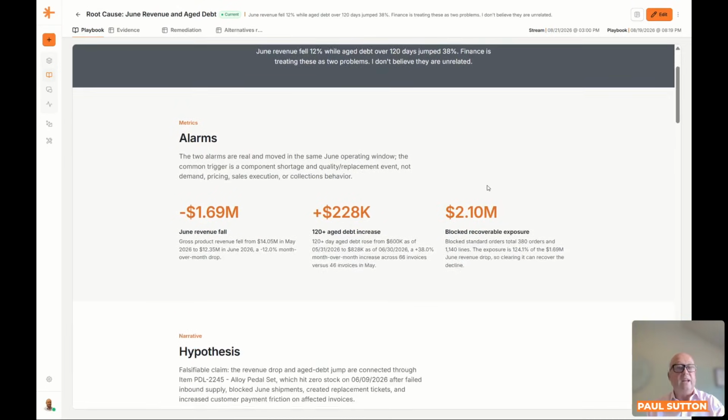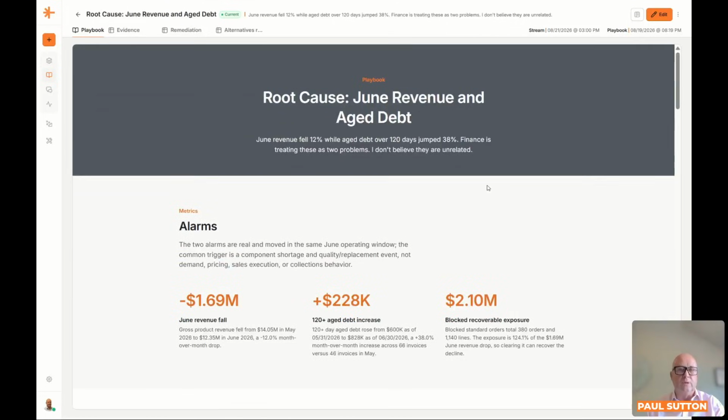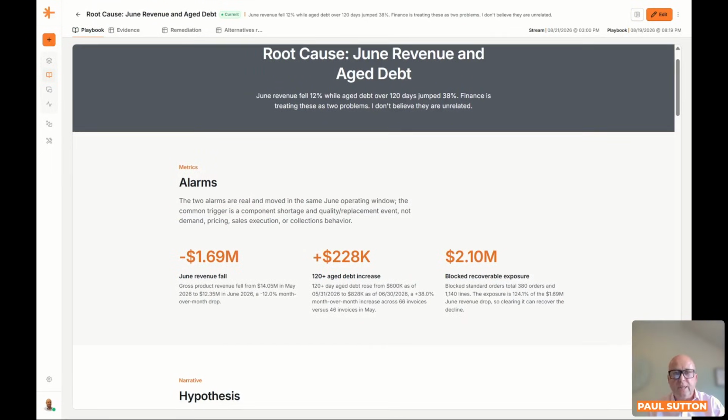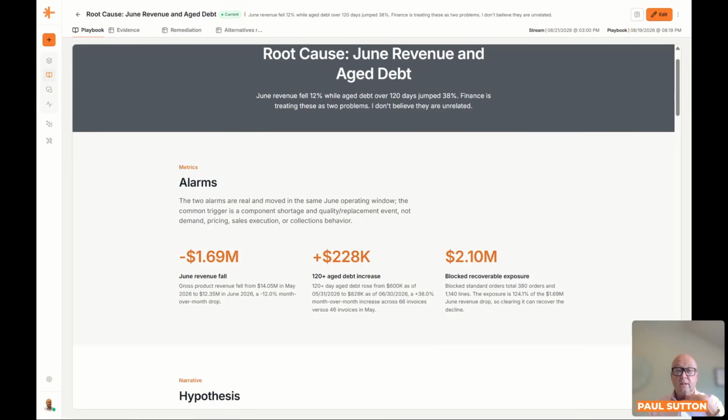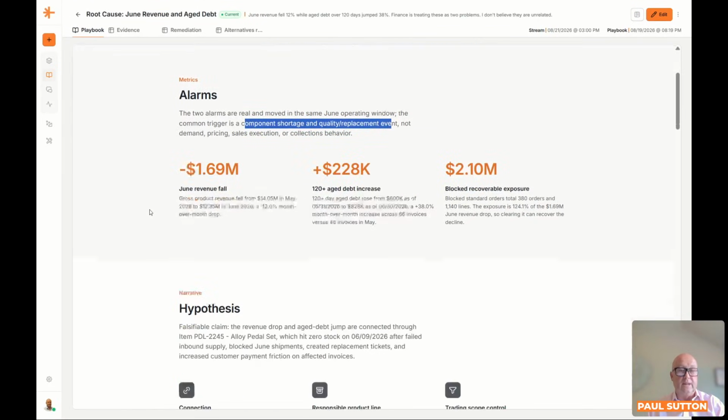This is a new content type in our mind. It's almost like an executive report that people would provide after doing the analysis. This gets generated automatically within the system. It starts here at the top and says the two alarms are real, but the common trigger is a component shortage and a quality replacement event, and not a weakness in sales or whatever else like that. So yes, June sales did fall.